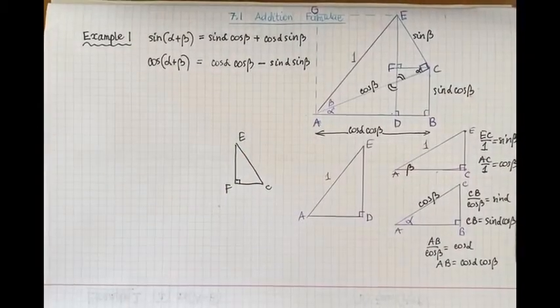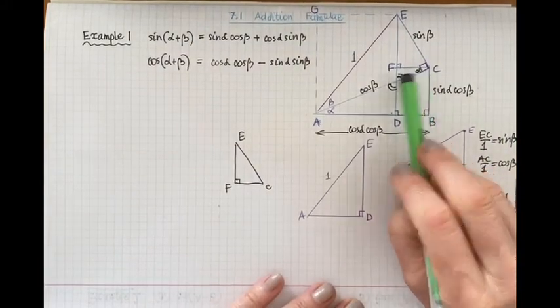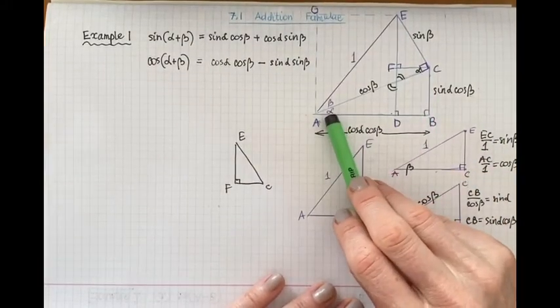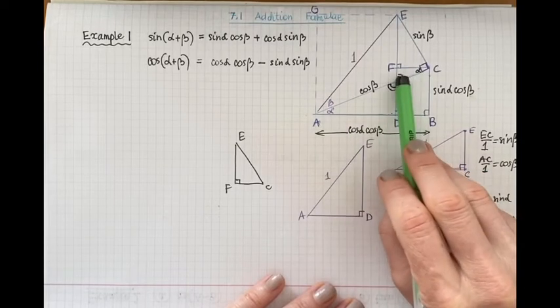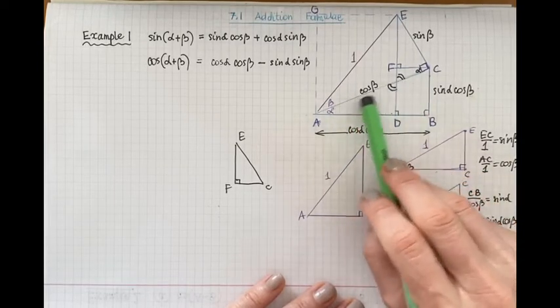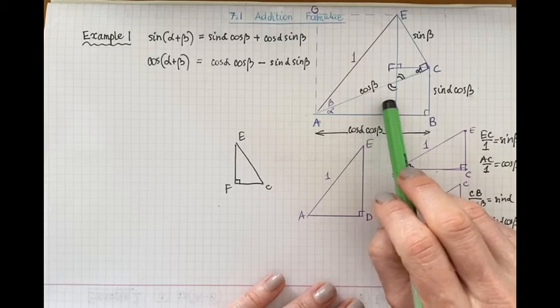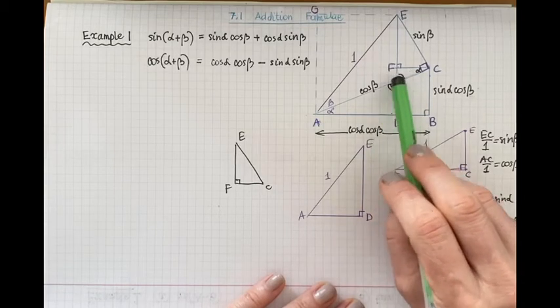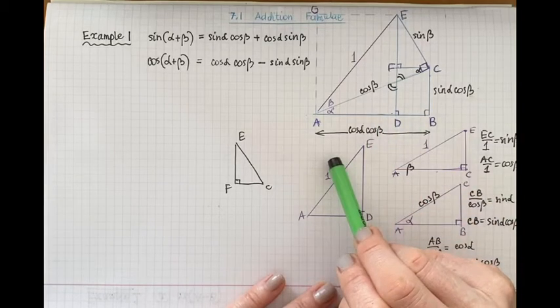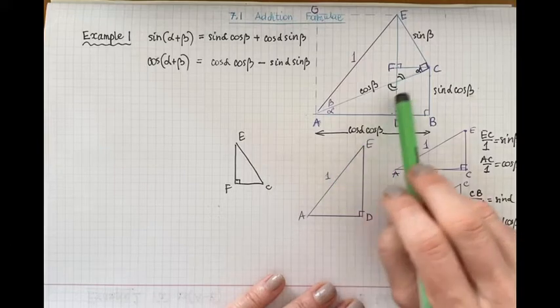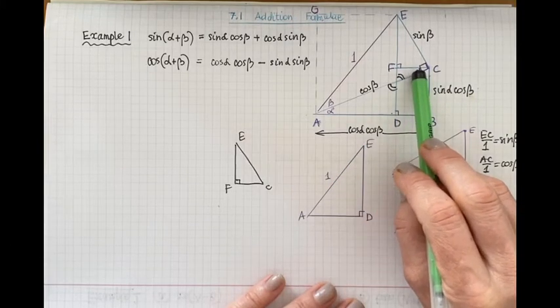So we've established that this angle over here is an alternate angle to alpha. Or you can use the rule that in a right angle triangle the angles add up to 180 degrees, and these two are vertically opposite angles, which are equal. Anyway, you've got alpha over here.